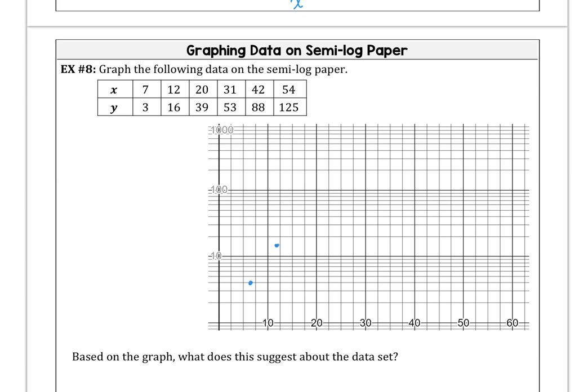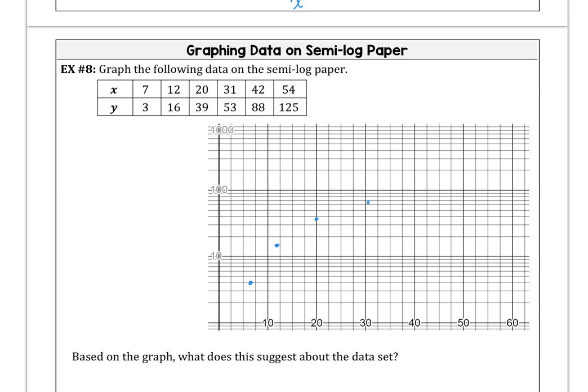When x is 20, y is 39, so 10, 20, 30, so this is 40, right about there. When x is 31, y is 53, so right about there.